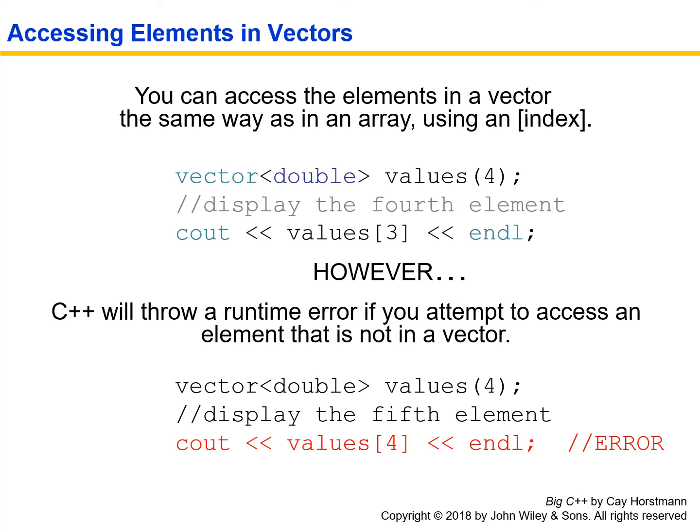C++ will throw a runtime error if you attempt to access an element that's not in a vector. So you don't want to do that. If we made it size 4 and then we tried to display values at 4, remember that would be the 5th element. There isn't a 5th element. That's an error.